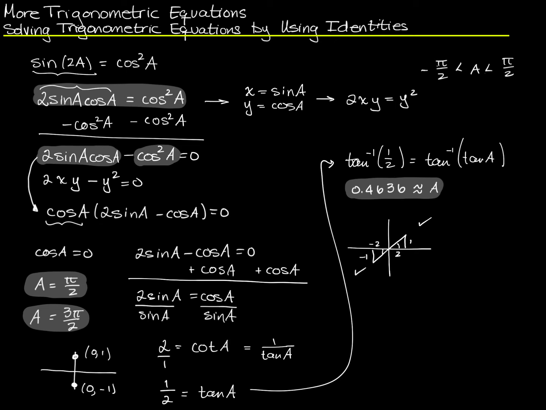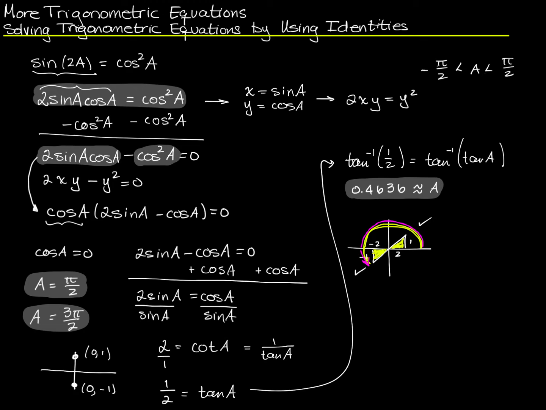By using the calculator to find this value, I've only found this angle here. So now I need to figure out what this angle is, and the answer is that it's pi plus another angle the same size as this one here. These two yellow angles are the same size, but the actual angle that I want is all the way around here. So starting at 0, I have to go to pi, and then I have to go another, however big that angle is.